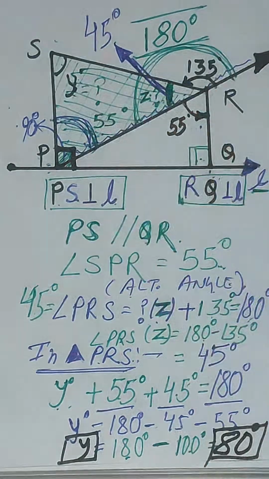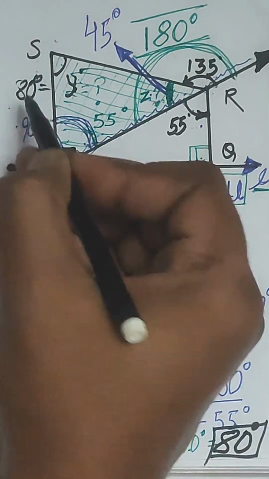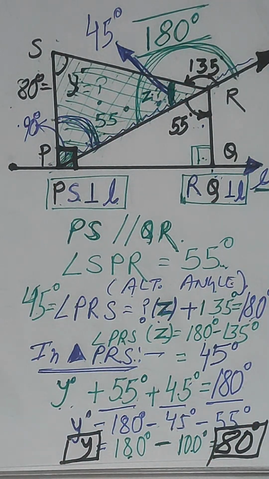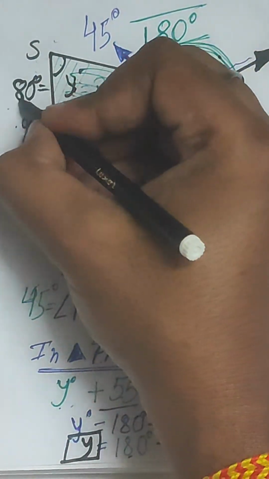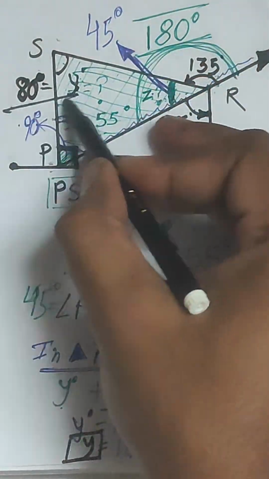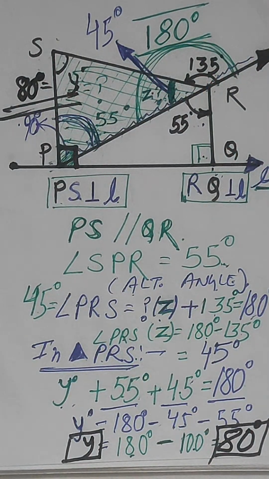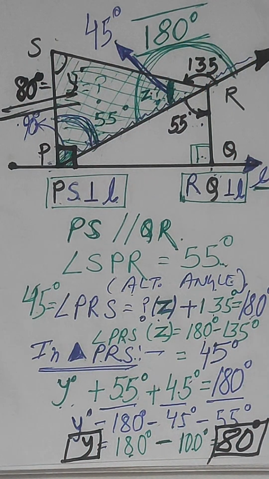So the value of y is calculated as 80 degrees, and in this way we have solved this question, right? Y is equal to 80 degrees. I hope students you find this useful.